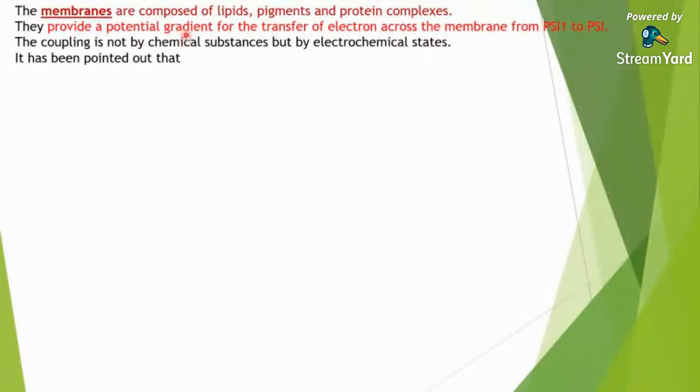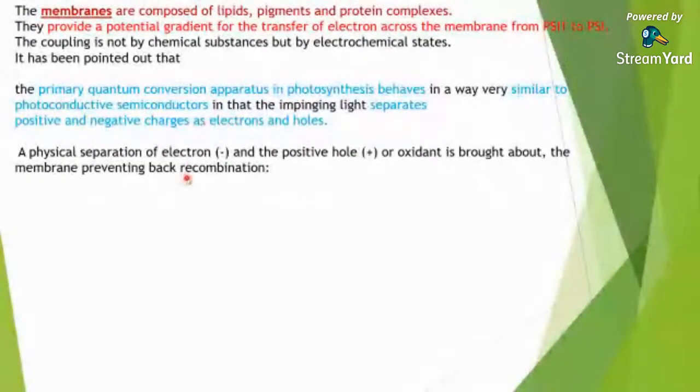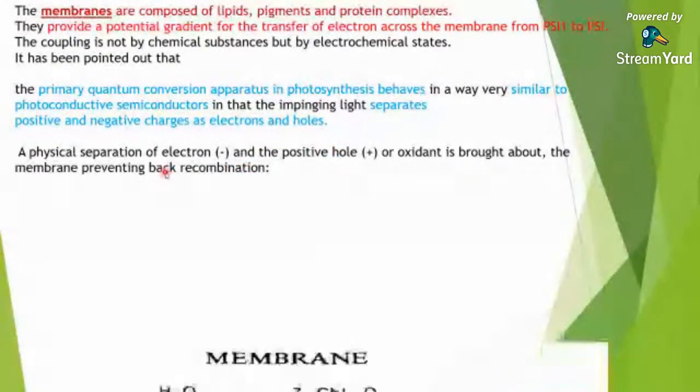The coupling is not by chemical substances but by electrochemical states, and it has been pointed out that the primary quantum conversion apparatus in photosynthesis behaves in a similar way to photoconductive semiconductors, and in this way separates the positive and negative charges as electrons and holes. So a physical separation of electron and positive hole, or oxidant, is brought about by the membrane, preventing back recombination.